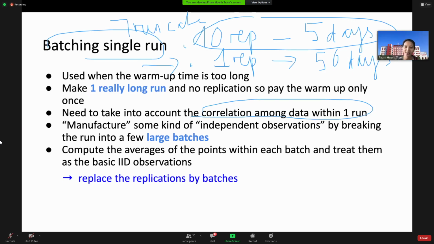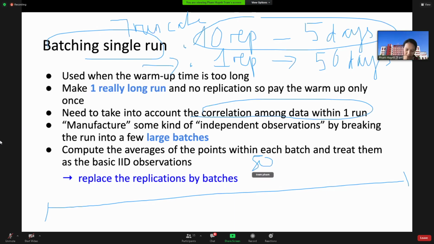The technique here, and actually you are not required to do it, you only need to understand what the software is doing, is that it will group the data in one long replication into batches. Say you have a very long run in one replication, a lot of data, equivalent to 10 replications of 5 days, but now it is 50 days.